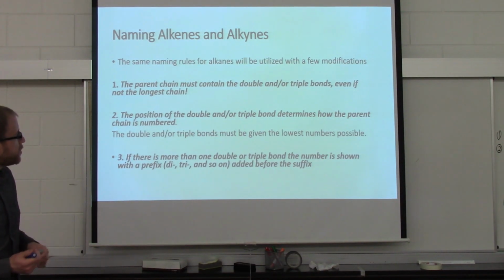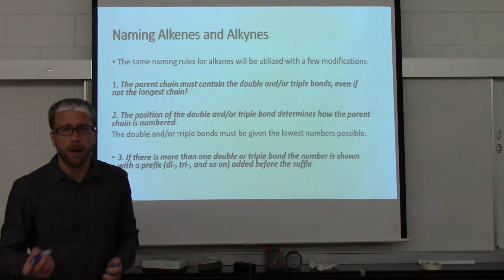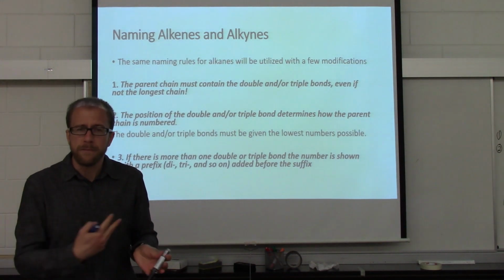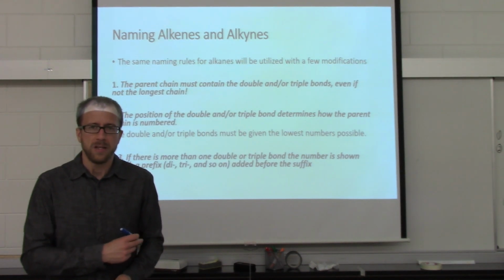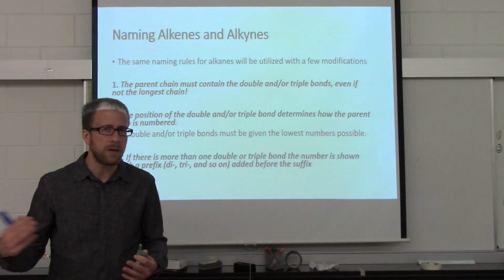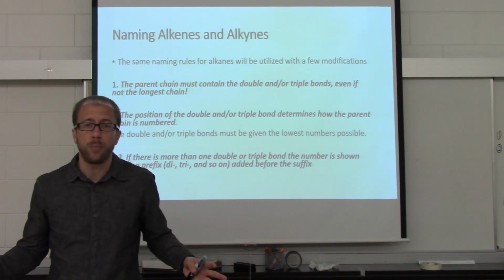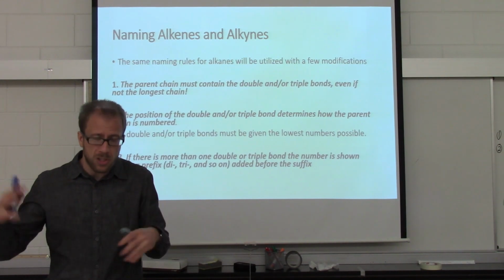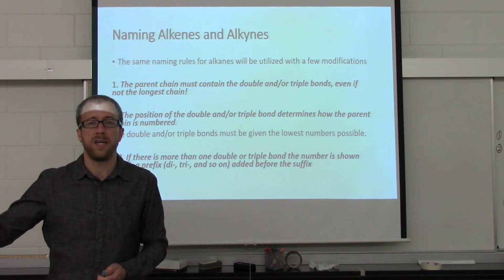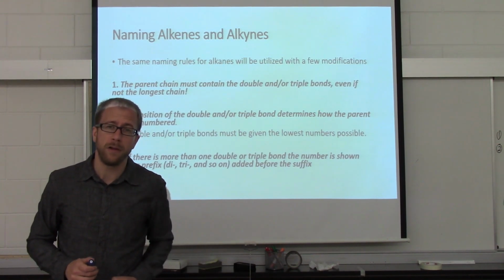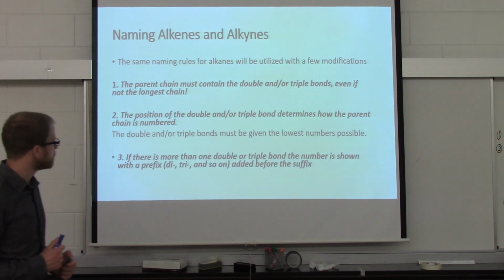Number 2, the position of the double and or triple bond determines how the parent chain is numbered. You want to give your double or triple bond the lowest number possible. So it's kind of nice in the sense when you're working with alkenes and alkynes, you don't got to think about which substituent group would give you the lowest numbers possible. You always give the lowest number to your alkene or alkyne, to that double or triple bond.